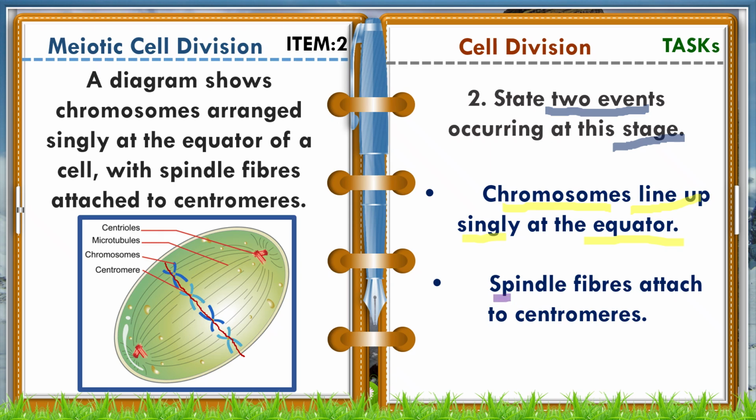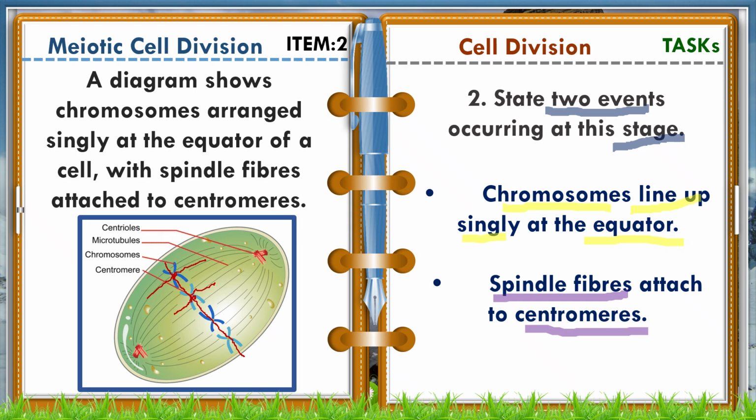Then the second one, the spindle fibers attach to the centromere. You can see that the spindle fibers are going to attach on the centromere in the middle here. That's where the spindles are going to attach themselves on each chromosome. Where you have the centromere, a spindle fiber will attach.